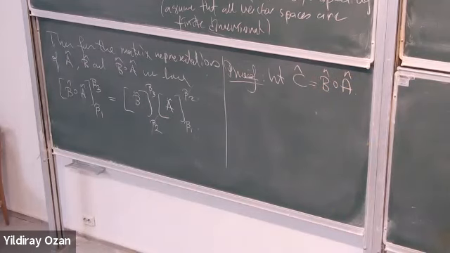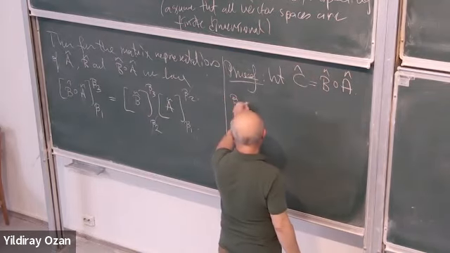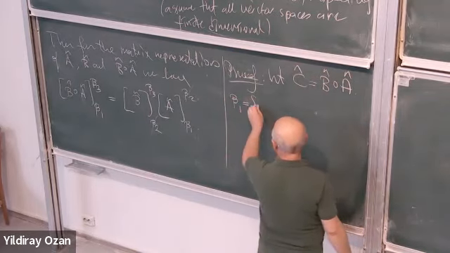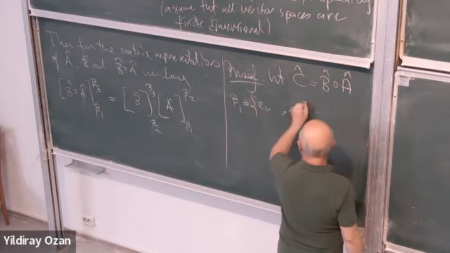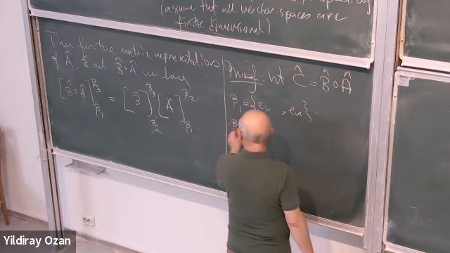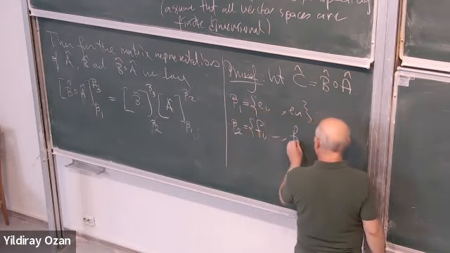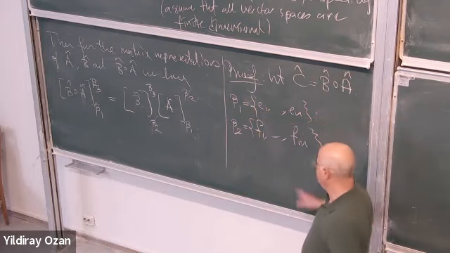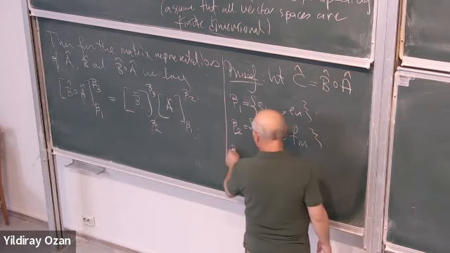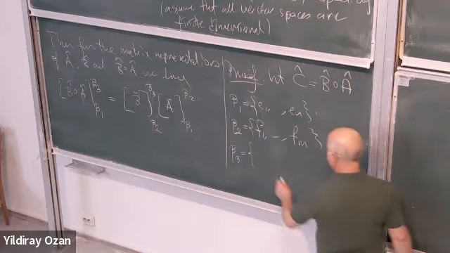So let's denote it with C. And suppose I have these bases. So beta 1, let's say it has n dimension. Beta 2 has, let's say, m dimension. And beta 3 has, let's say, k dimension.